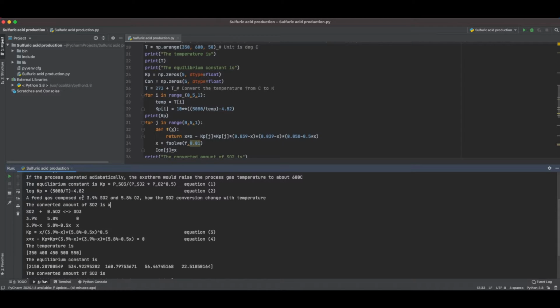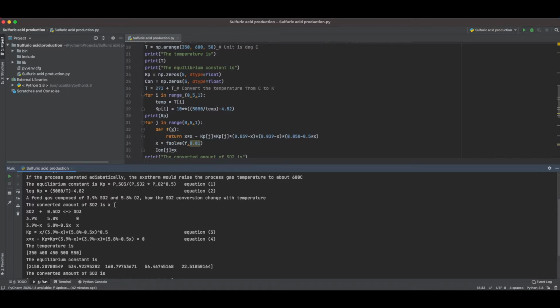Now let's go to the example. We have a feed gas containing 3.9% SO2, 5.8% oxygen, and we want to calculate how the SO2 conversion changes with temperature. To calculate conversion, we need to know how much SO2 is converted at each temperature.